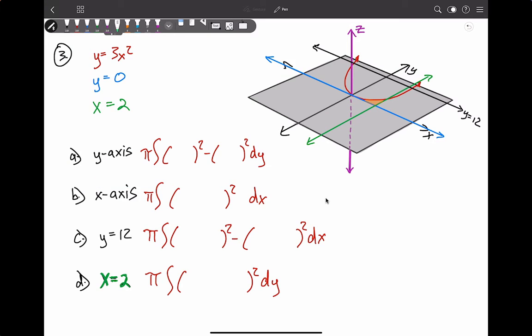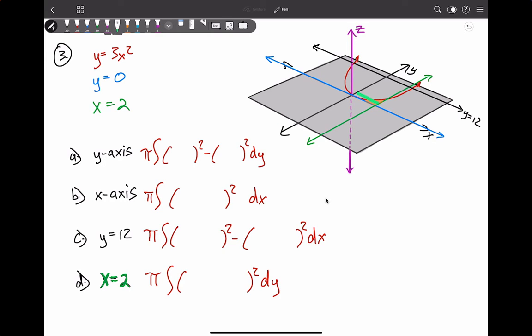So if I'm revolving about the y-axis, that means I'm going to go to the y-axis, and then I'm going to go to the furthest outermost piece of this shaded region. Okay, so notice I went from the axis of revolution, which is the y-axis, all the way to the furthest outer edge of that shaded region.